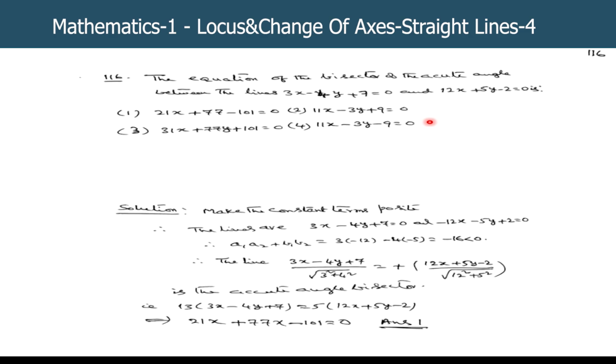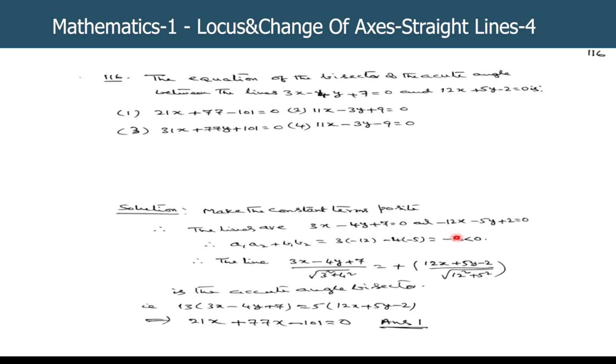So here, please see, the lines are 3x minus 4y plus 7 equal to 0 and minus 12x minus 5y plus 2 equal to 0. I made both lines' constant terms positive. Now a1a2 plus b1b2: 3 into minus 12, plus minus 4 into minus 5, is equal to minus 16, which is less than 0.